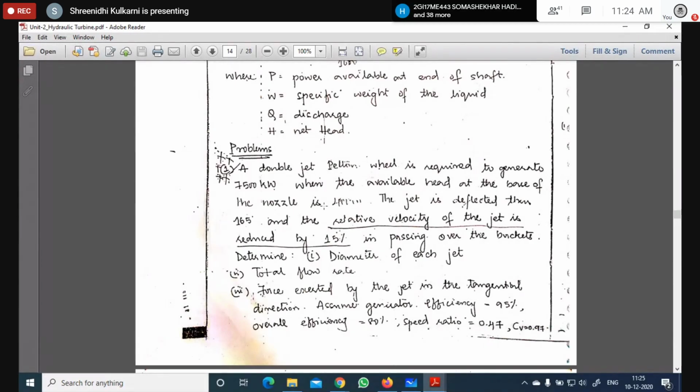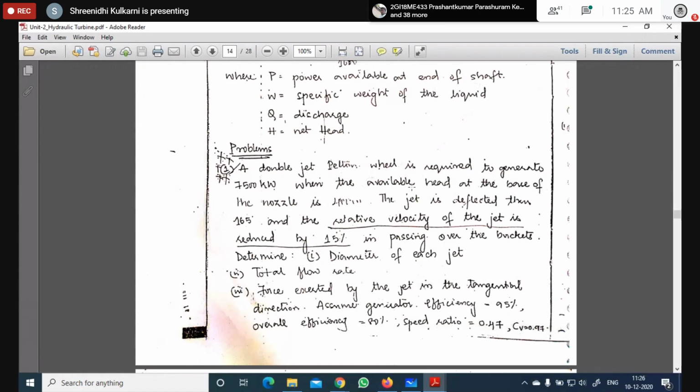Is it a net head or a gross head? It is a net head, because clearly they have given it at the base of the nozzle, 400 meters.